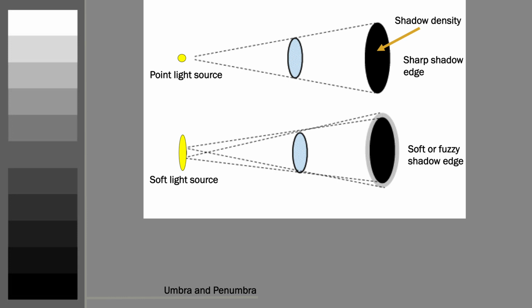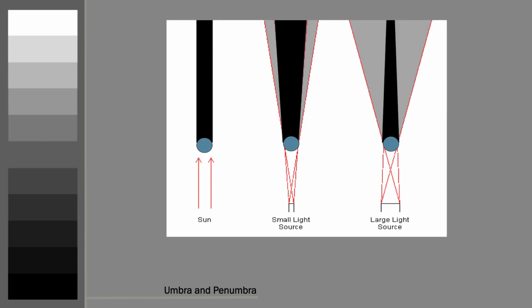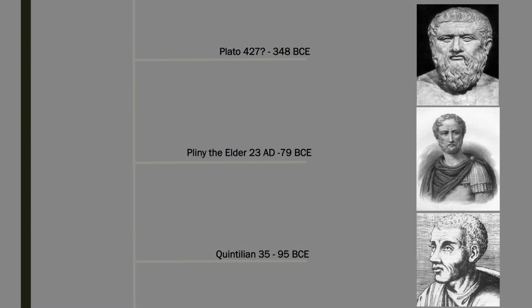So photographers can tell what kind of light source is lighting a scene purely on the width or the size of the penumbra itself. Okay, so we'll skip that. That's not important. So, let's get on with the essence of the lecture tonight.